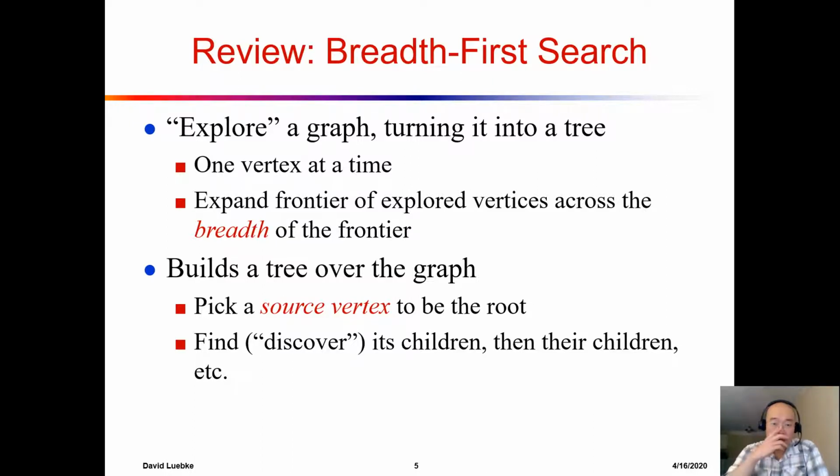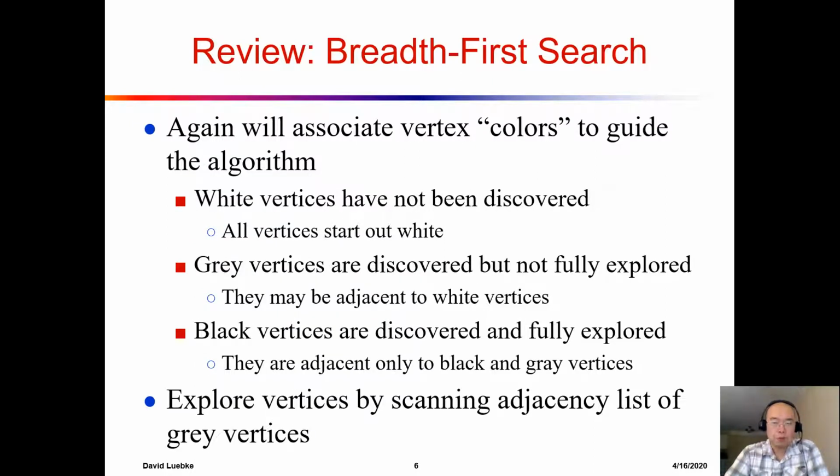Also on the fly we want to build a tree structure, and we want to make use of different colors. At the very beginning we color all the vertices white. A white node means it has not been discovered. And if we have discovered a node, and that node hasn't been fully explored yet, then it is a gray vertex.